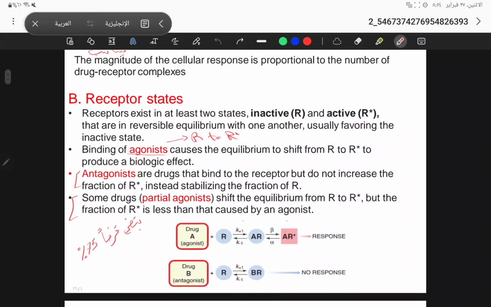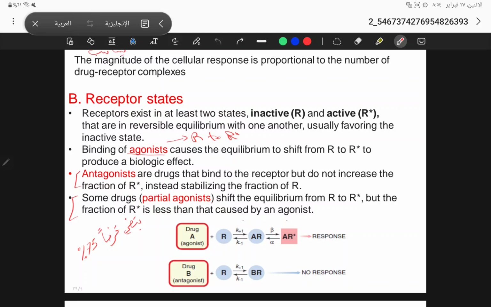If we can represent what we have been talking about, for example, we have the drug as an agonist. It binds to the receptor, and we said that the receptor's active and inactive forms exist in an equilibrium. When we have an agonist, it will favor what?